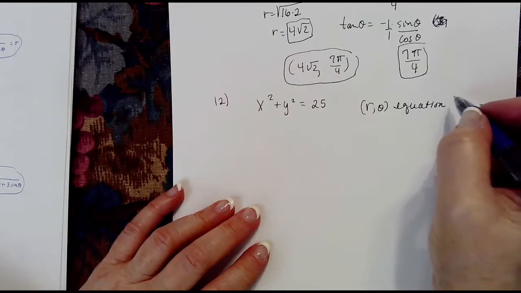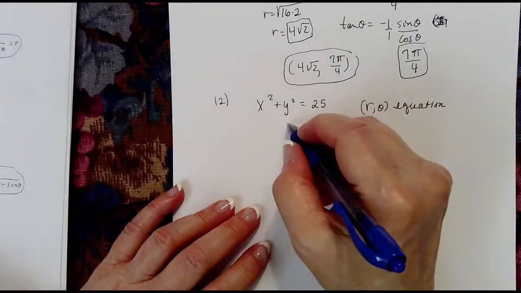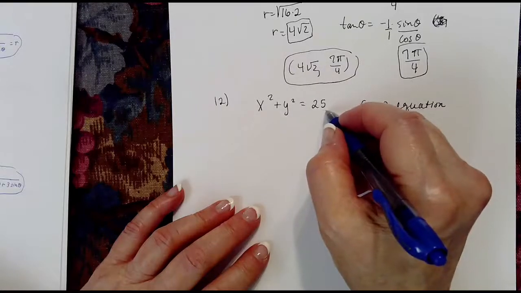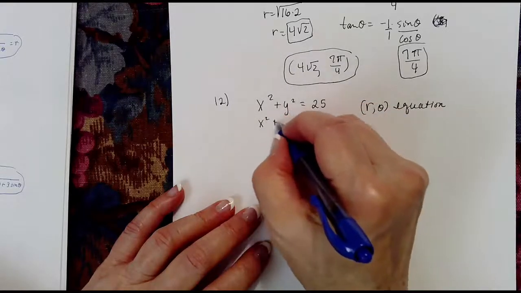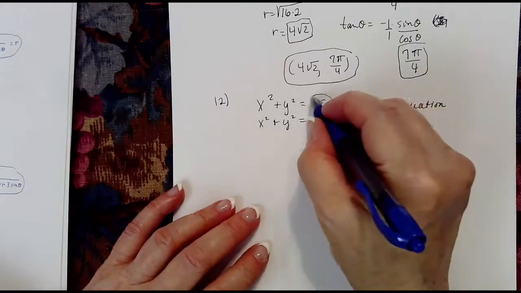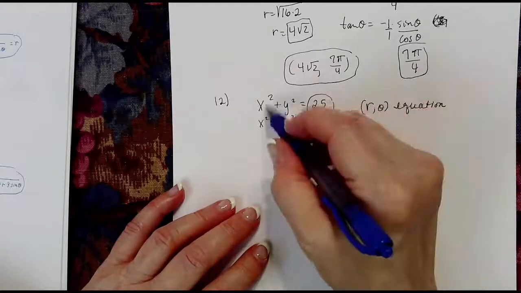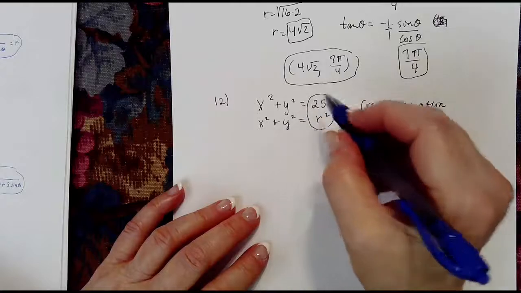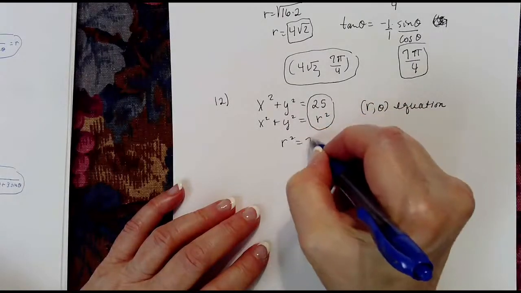Now, we said x squared plus y squared is going to be r squared, right? So these two things are going to be equal to each other. So r squared equals 25.